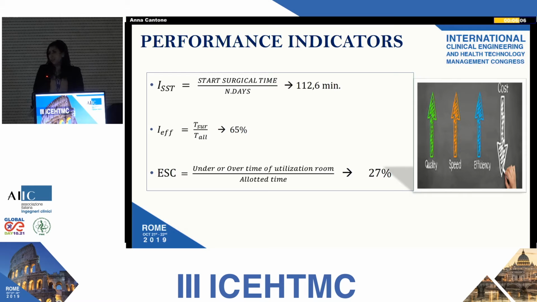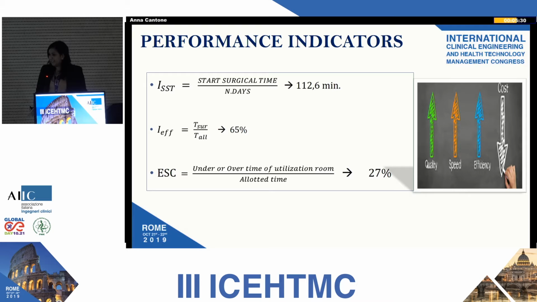This indicator allows us to understand if the staff inside the operation rooms are over or underpaid, and whether there is under or over utilization. In this case, the rooms are under utilized, and so the staff is paid more than they produce. This indicator is given by the ratio of this time and allotted time, and the result is 27%.